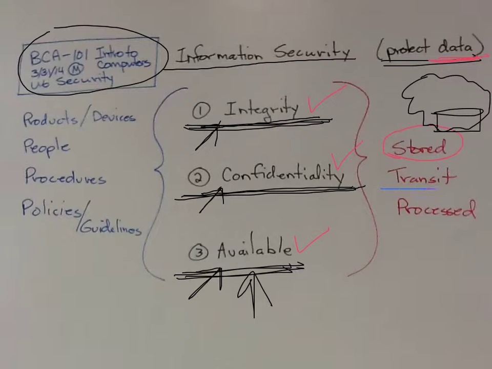Next thing, when it's in transit. So when the data is moving between two locations, location 1 and location 2, we need to make sure the data doesn't get changed, make sure only the people that need to see the data can see it, and we're making it available to somebody else.